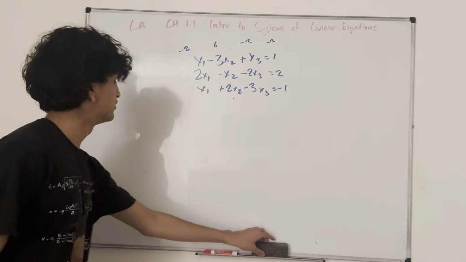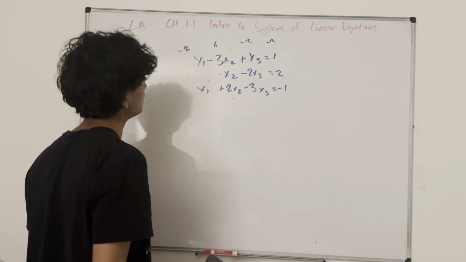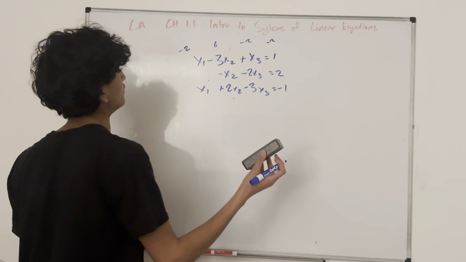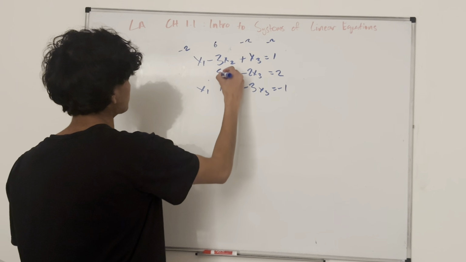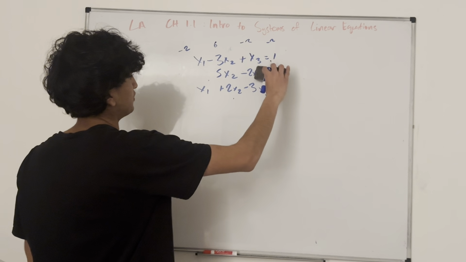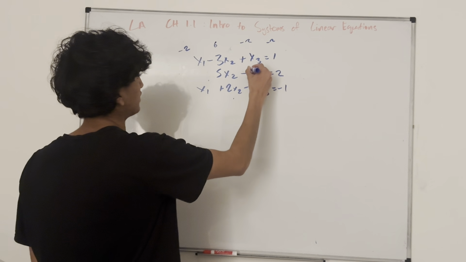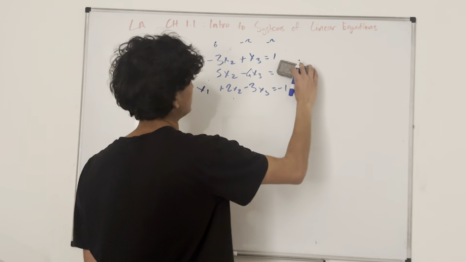So this is going to go away when I combine. I'm going to have 6x2 minus x2, which is 5x2. And I'm going to have negative 2x3 minus 2x3, which is going to be negative 4x3. So that's pretty clean. And then negative 2 minus 2 is going to be negative 4.